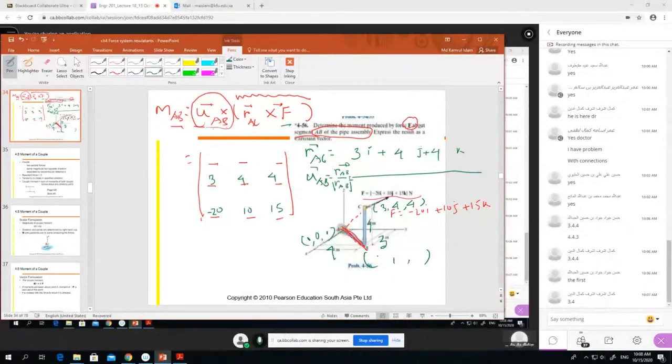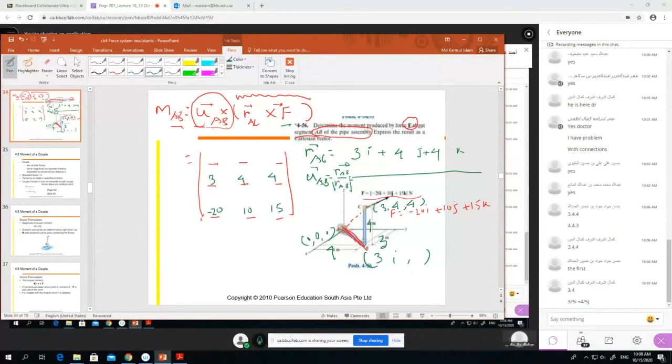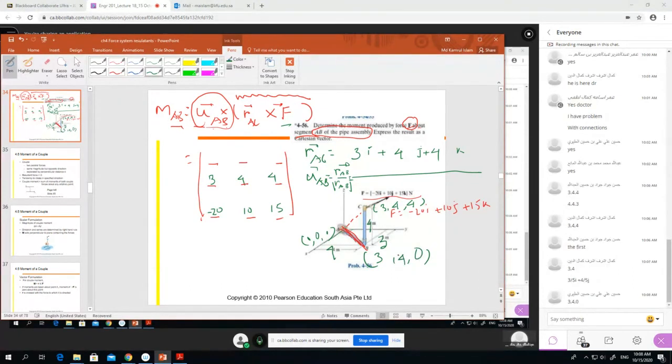So the B coordinate is, tell me please, x equal to 3, y equal to 4, and z equal to 0. Someone told me 3, 4, 0. Yes, you are correct.